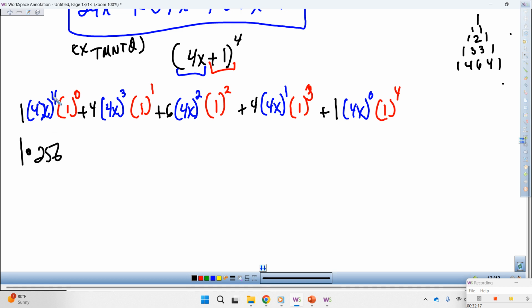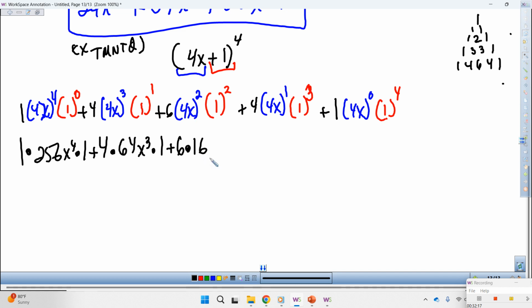256. What is x to the fourth? X to the fourth. What is 1 to the 0 power? 1 plus 4 times 4 times 4 is 16 times 4, that is 64. X to the third times 1 to the first is 1 plus 6 times, what is 4 times 4?